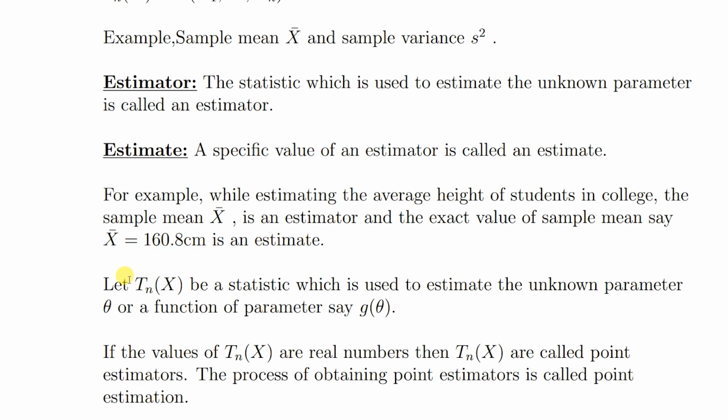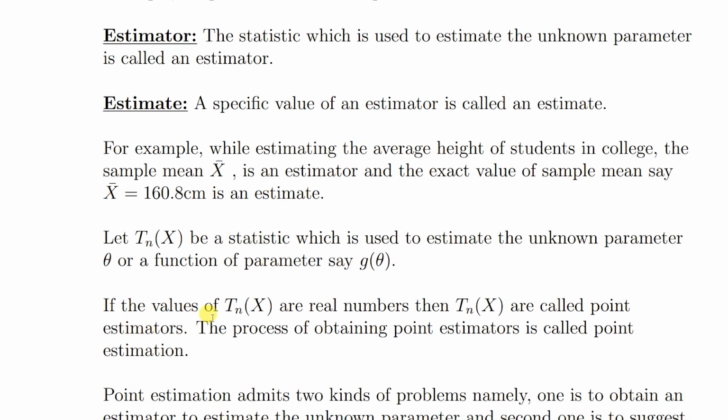Let Tn(x) be a statistic which is used to estimate the unknown parameter theta or a function of parameters, say g(theta). If the values of Tn(x) are real numbers, then Tn(x) is called a point estimator. The process of obtaining point estimators is called point estimation.